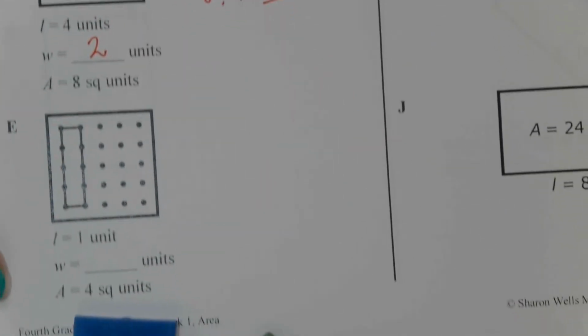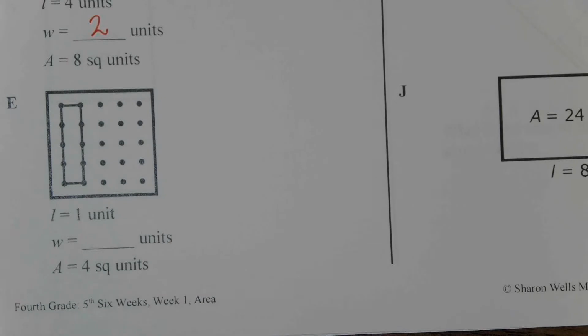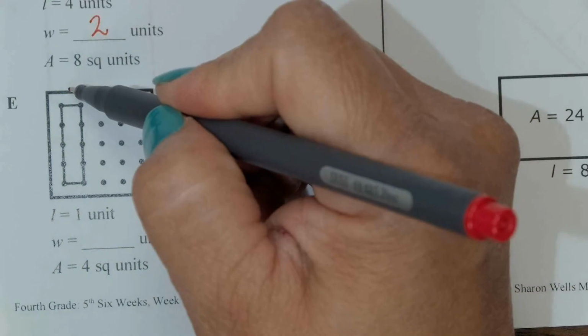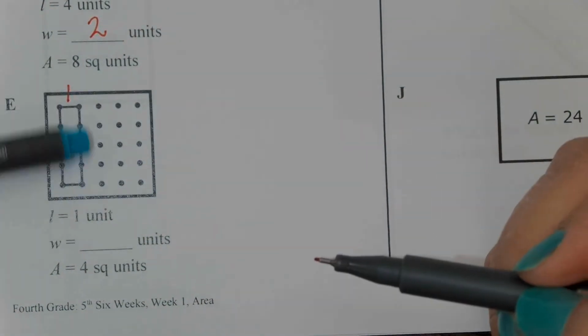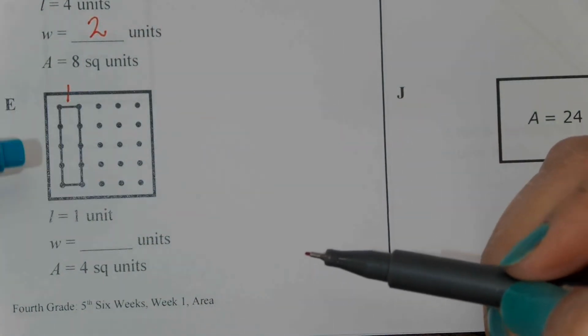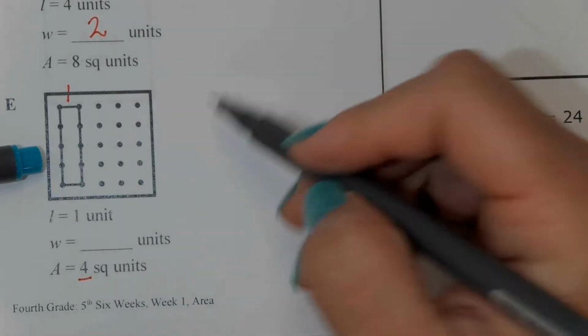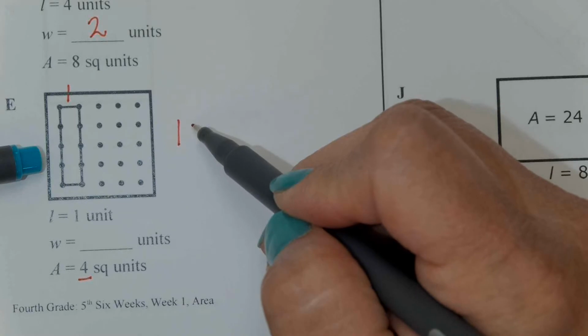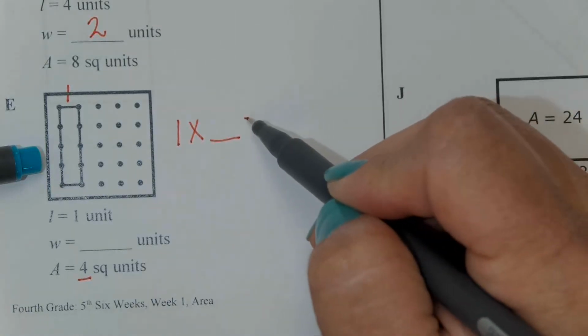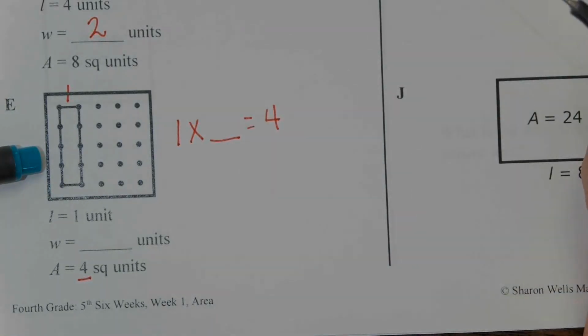Okay, let's go ahead and continue with letter E. Your length is 1 unit. We don't know the width, but our area equals 4 square units. So we know that this is 1. We're looking for the width, but we know that the total, or the area, is 4. So we're going to look at 1 times something equals 4.